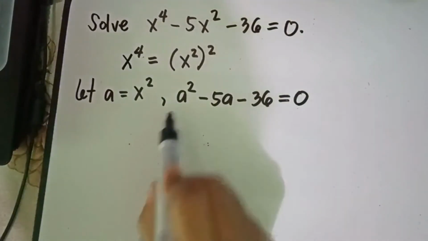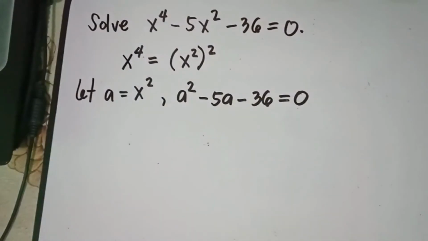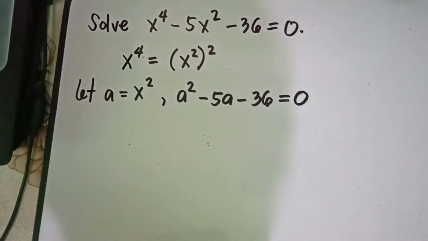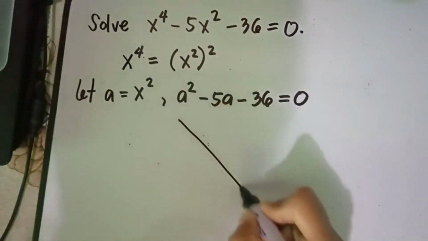So, we can now solve the quadratic equation using any method na convenient sa atin, kahit na anong method ang gusto nyong gamitin. So, depende syempre dun sa equation na given. In this case, hindi tayo pwedeng gumamit ng extracting the square root method, pero you can make use of factoring method, quadratic formula na favorite nyo, or completing squares. Okay? So, ang gamitin na lang natin is factoring method, particularly the x method.